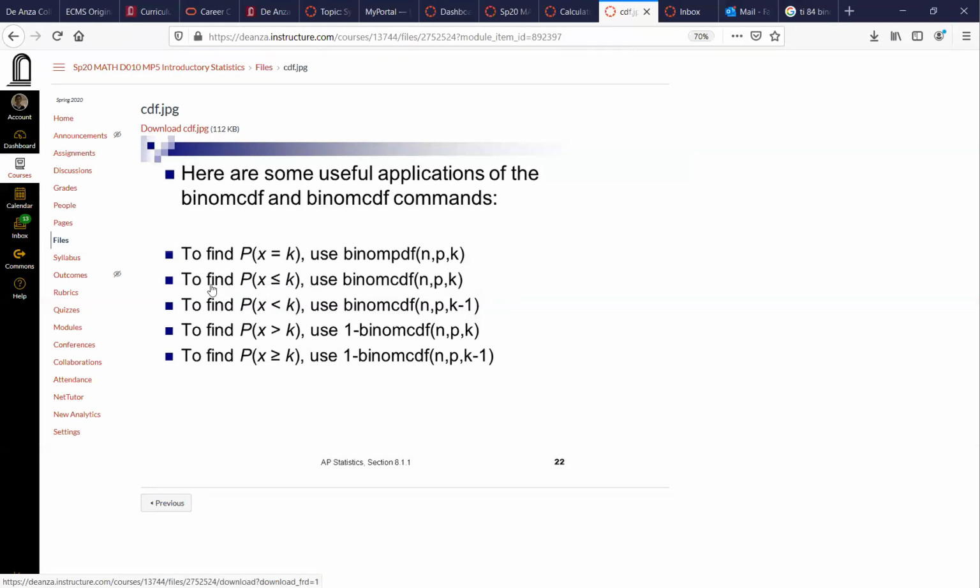If the question says, find the probability that X is just less than, there is no equality here, less than K, you have to use binomial CDF, and instead of writing K, you have to use K minus 1.